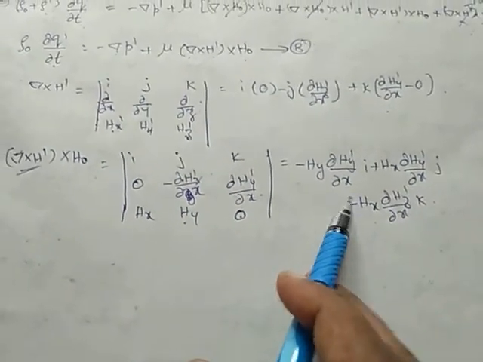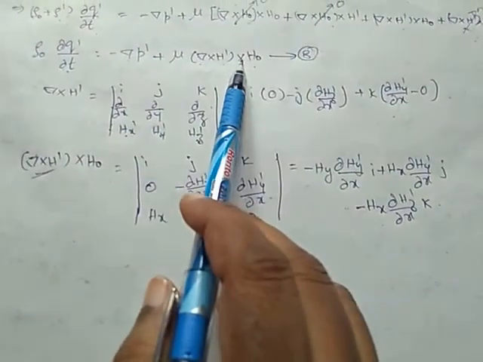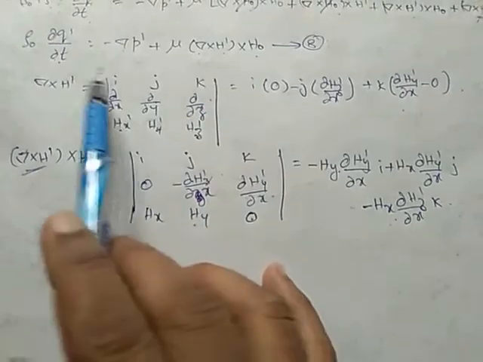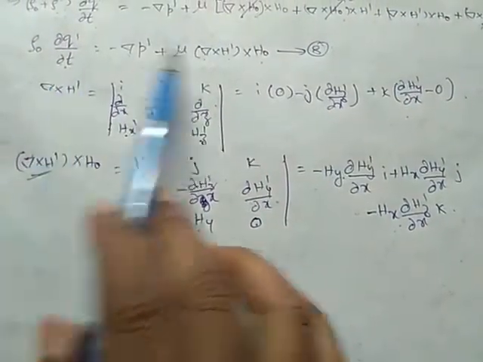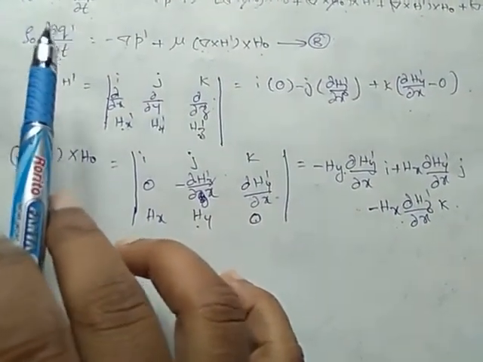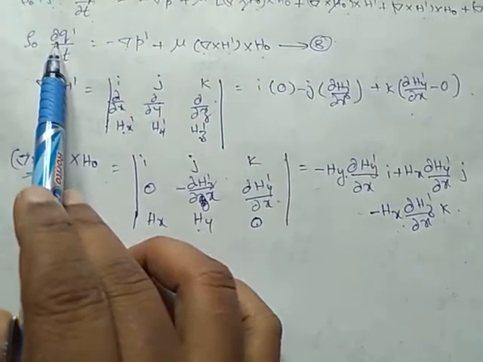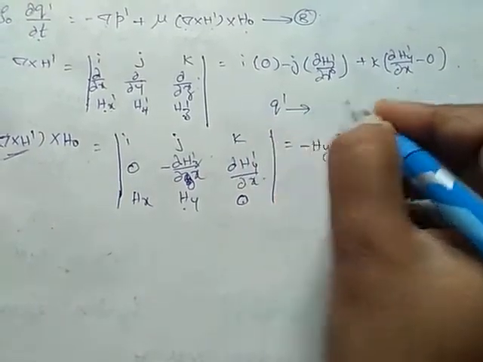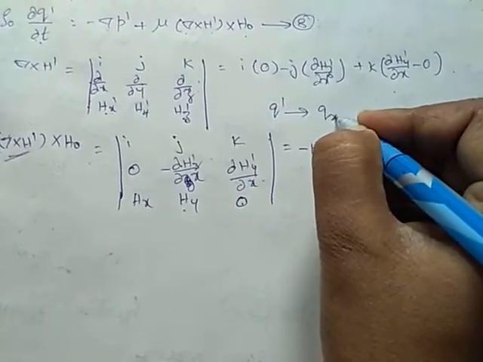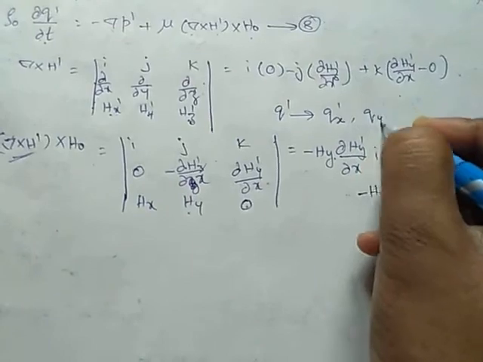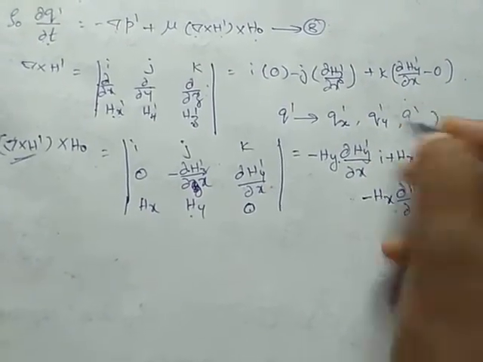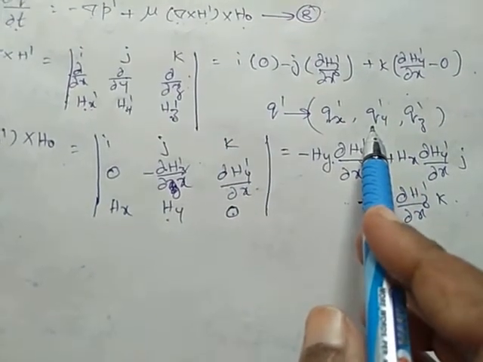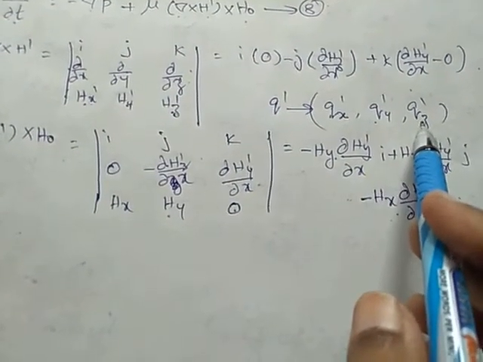So when we substitute this in equation 8, we have the i term, j term and k term, so here also we are going to split the i, j and k terms. What is q dash? Q dash is qx dash, qy dash, qz dash. It means the i term is qx dash, the j term is qy dash, the k term is qz dash.